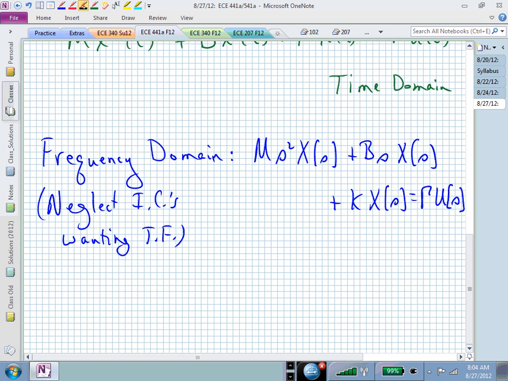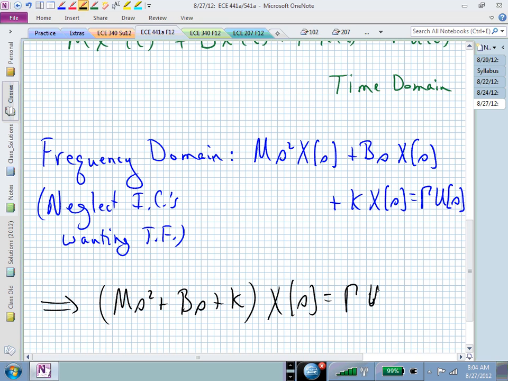We can now factor out the common transformed quantity, capital X of s, and we have m s squared plus b s plus k all times X of s equaling gamma U of s.